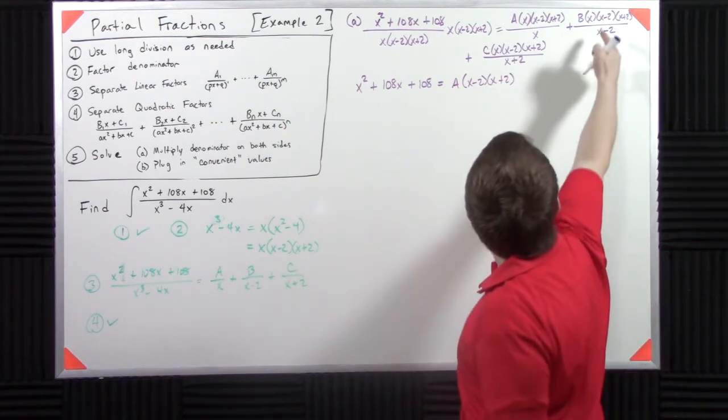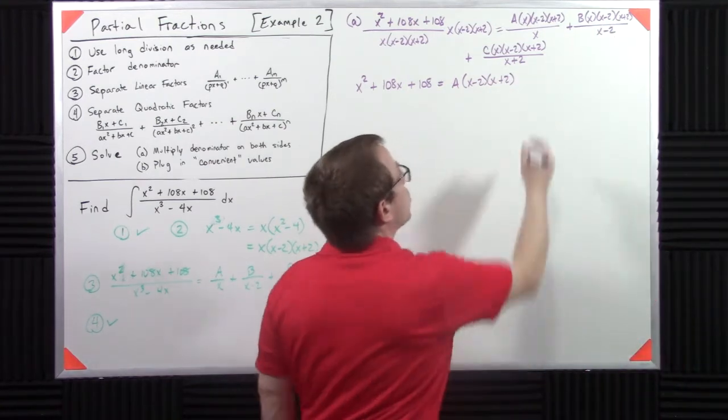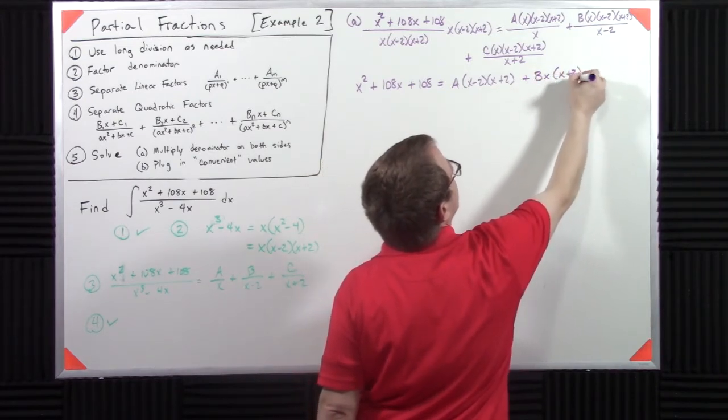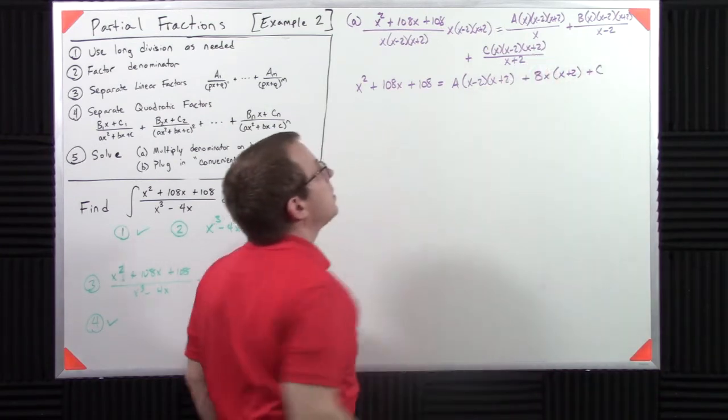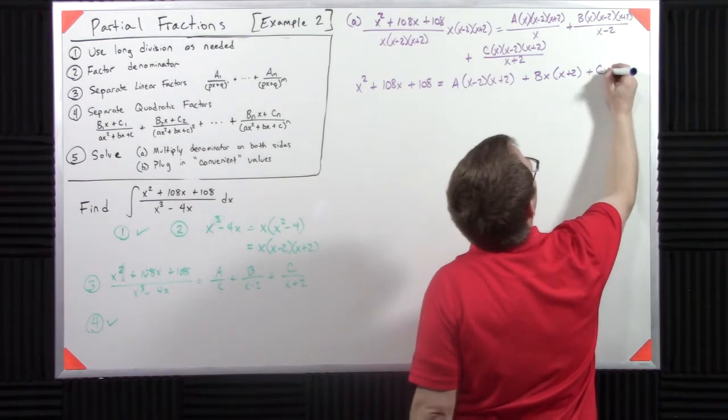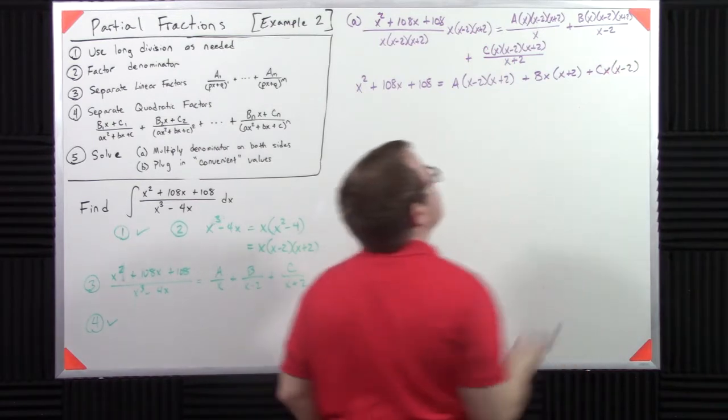For the B term, the x minus 2's cancel, so I have plus B times x times (x plus 2). For the C term, the x plus 2's cancel, leaving C times x times (x minus 2).